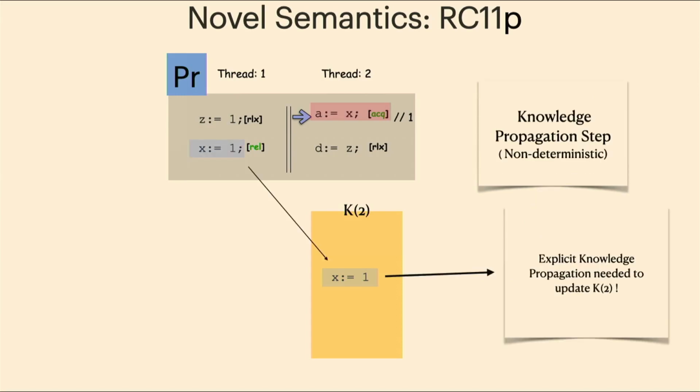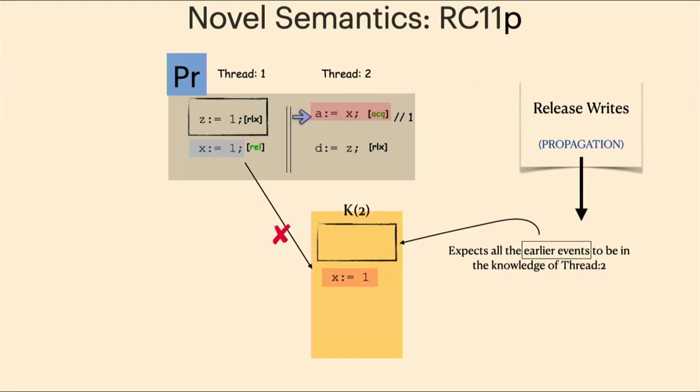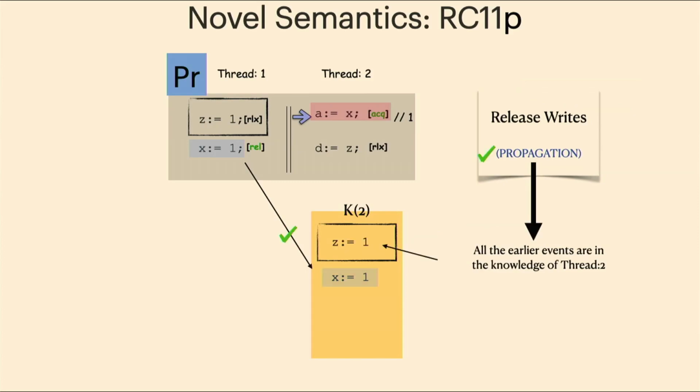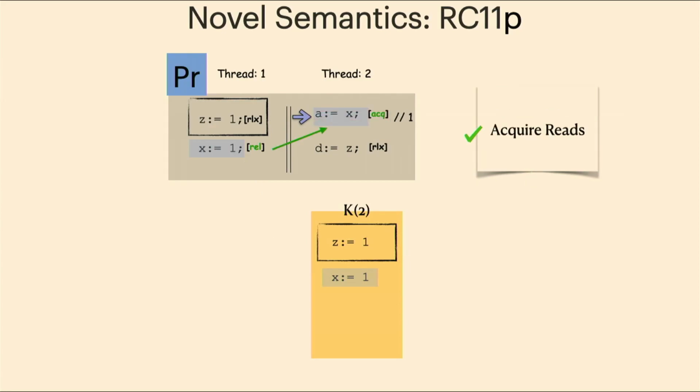Now this write can be propagated to the second thread by an explicit propagation step in our new semantics. But again, since this write is a release write, our semantics requires that all the earlier events also be propagated before this gets propagated to this one, and hence these things have to be propagated, and after this earlier event has been propagated, this write can get propagated, and hence this read can happen.